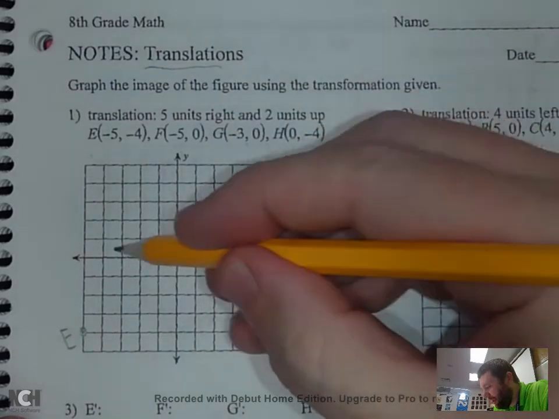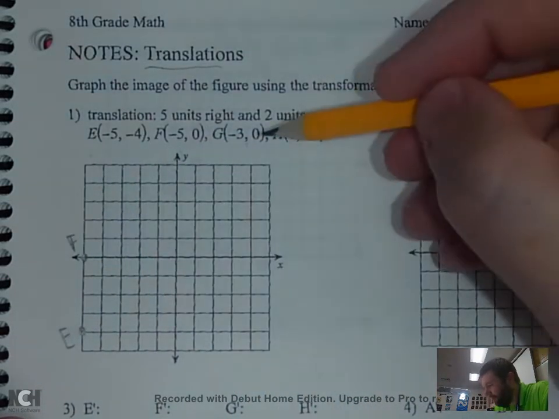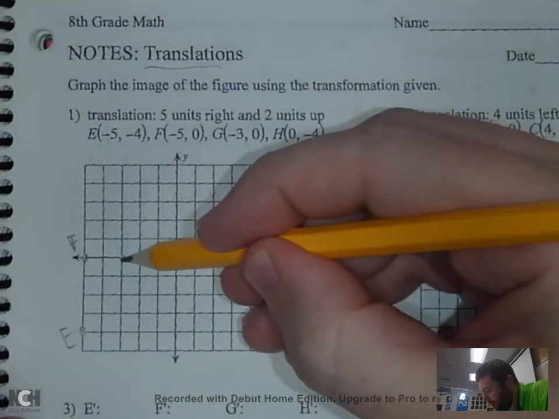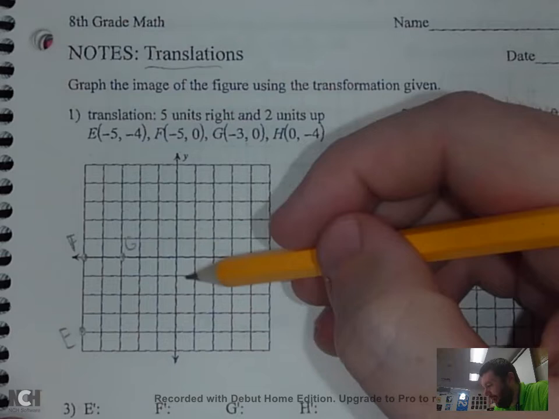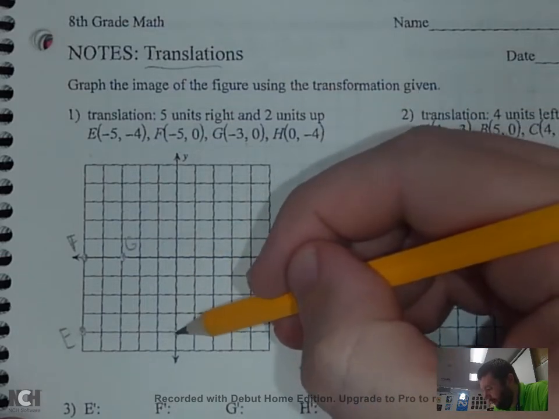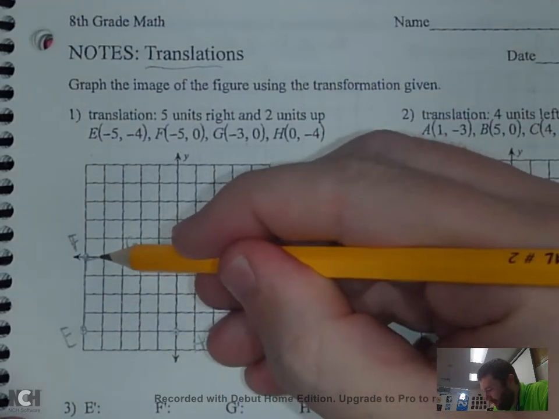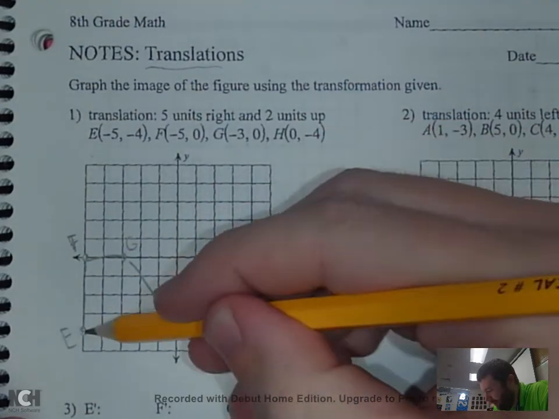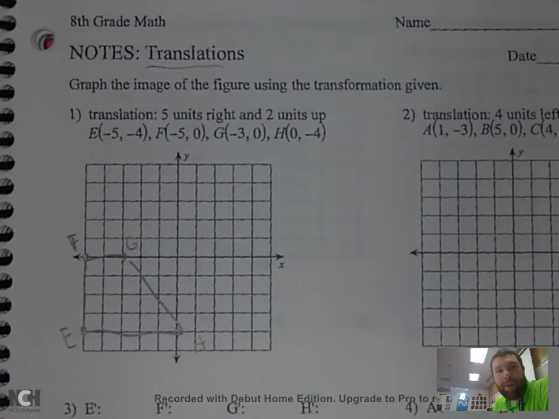And then -5, 0 would be right here, and that is F. -3, 0 would be right there, and that's G. And then H is 0, -4. So right here is H. So this is my shape that I am given to start with, okay? So that's my original shape.